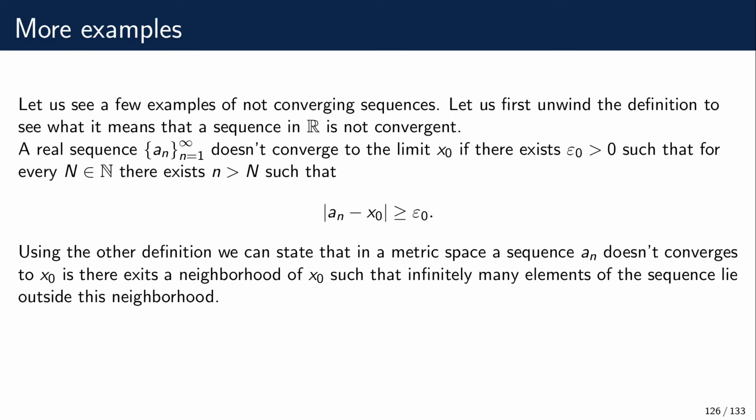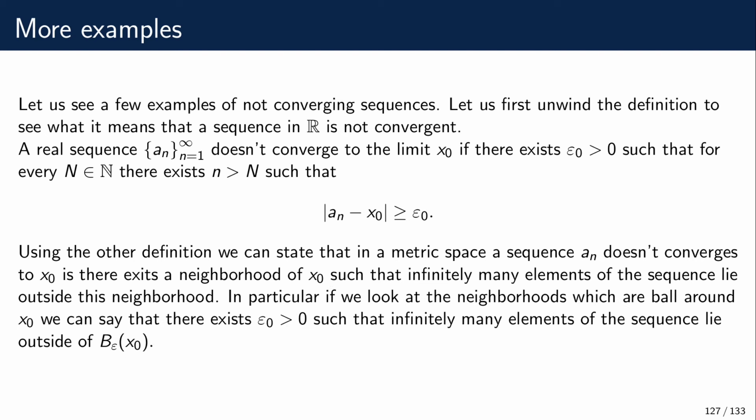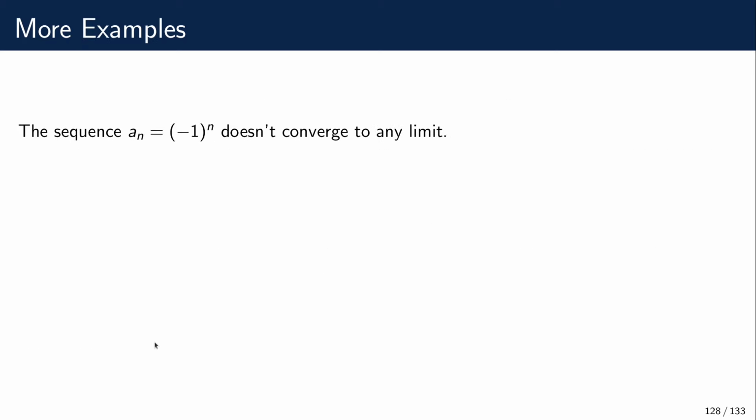There would be some small enough neighborhood that will fail to contain infinitely many elements of the sequence. This is the meaning of that. Restating it, if we look at a ball, for example, with radius epsilon 0, there would be infinitely many points lying outside this ball, right?